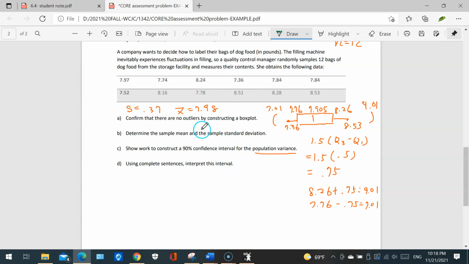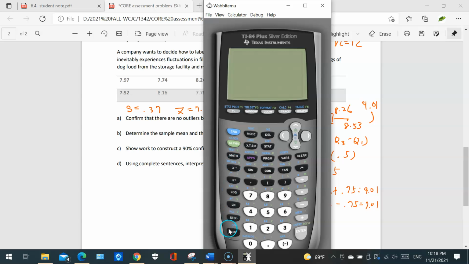So to determine whether it's an outlier or not, you can simply plug all the data into the calculator. When you go to STAT, the first one is Edit. So you input all the data under L1.